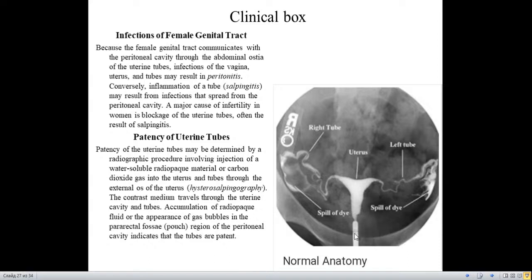So here on this picture you see a normal picture of the female reproductive tract. The cavity of the uterus is filled with this dye, the tubes are filled, and it is discharged to the abdominal cavity. You see the shape of the uterine cavity is normal, both tubes are patent.